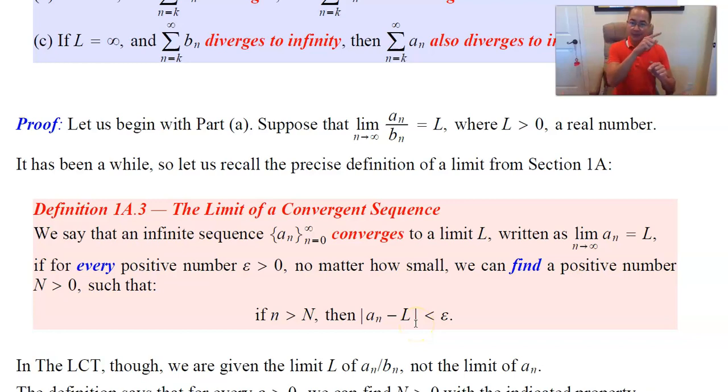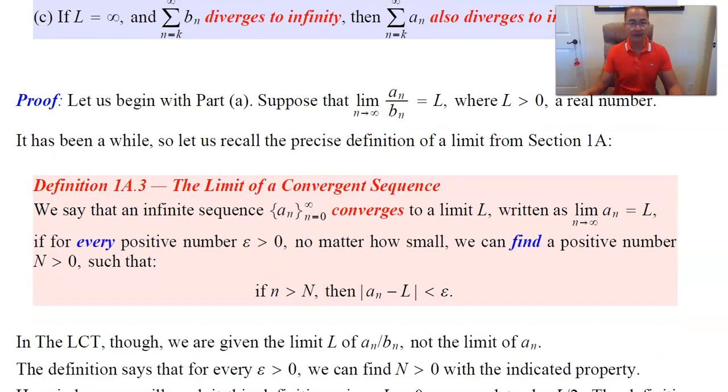So this means that if you draw the horizontal asymptote, y equals L, then eventually the terms will be within an epsilon strip around that limit L. Don't worry, we're going to see a diagram in a minute referring to this proof. We have not a_n though, but a_n over b_n.